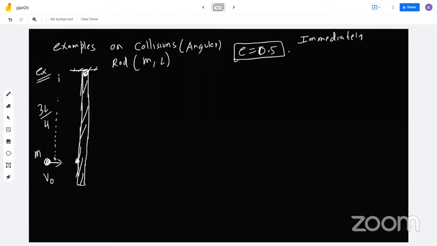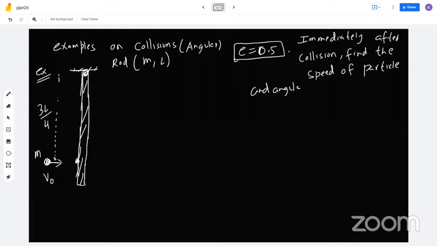So immediately after collision, find the speed of the particle and the angular velocity of the rod.